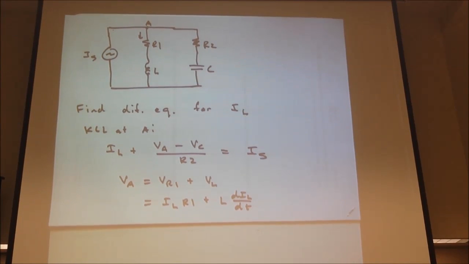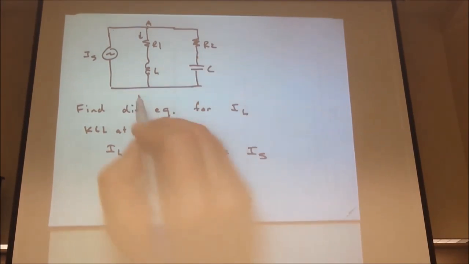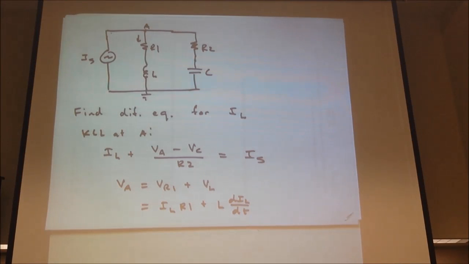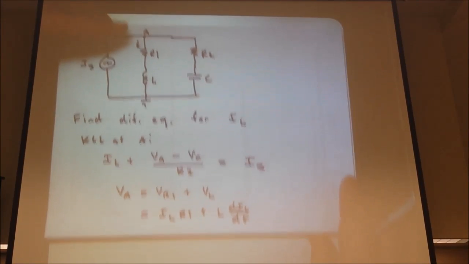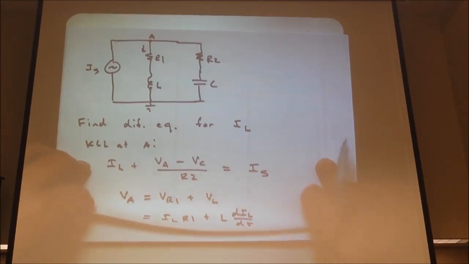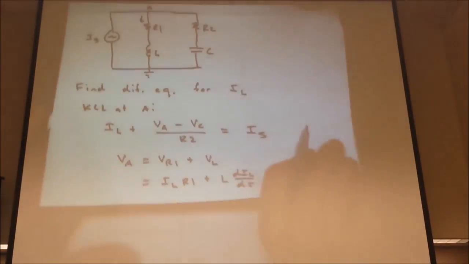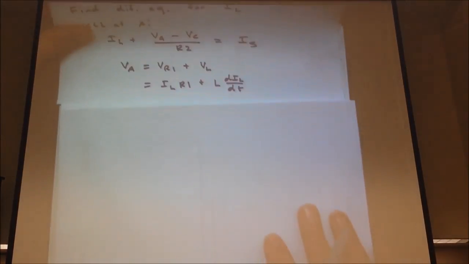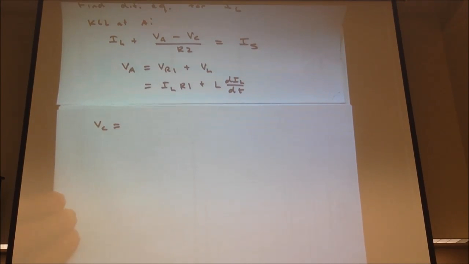Where's the node VC? Oh, it's the voltage across the capacitor. It's the voltage across the cap. Well, there's VA in terms of IL. We had a nice little substitution in there. Well, how do we get rid of that VC term? Well, VC hasn't changed.